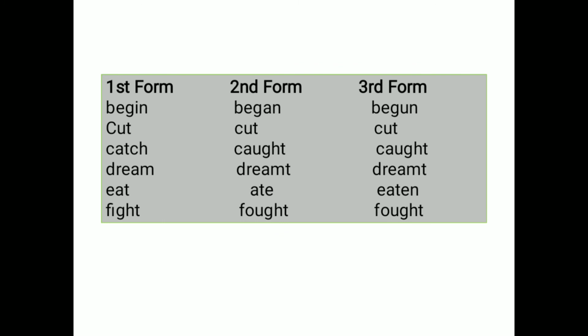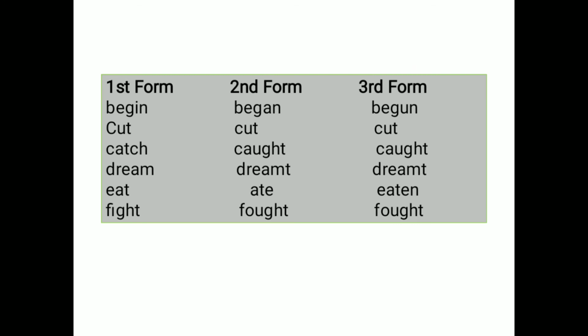In irregular verbs, some may be different, and some may be very similar or the same, just like cut. The first form is cut, second is also cut, third is cut. There is no difference. And the next example, catch, second form caught, and third form caught.